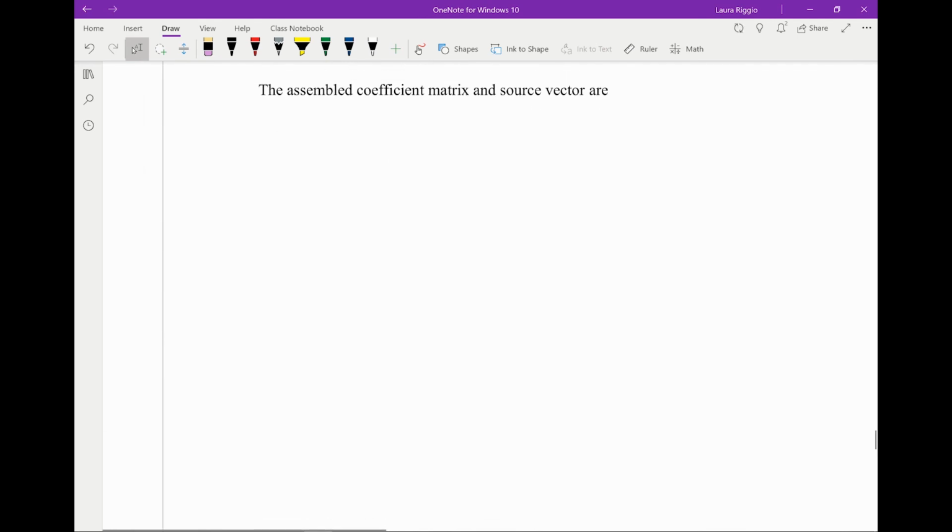So now we need to assemble things. I want to redraw my picture here. So I have my two elements, element 1 and element 2. Element 1 has nodes 1, 2, and 3. And element 2 has nodes 1, 2, and 3.